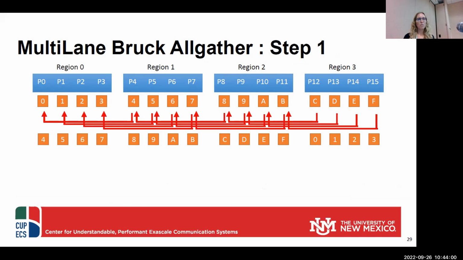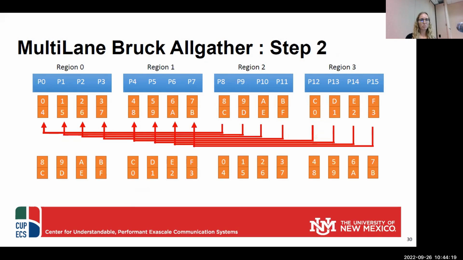We're going to start with the communication between regions instead of within a region. So the first step would be all processes in region 1 send to all processes in region 0. So you're sending one region away, all processes are active, but now they're actually only sending a single value. So we send 4, 5, 6, and 7, they're all sent once. There's no duplicate data. And then we send to 2 regions away.